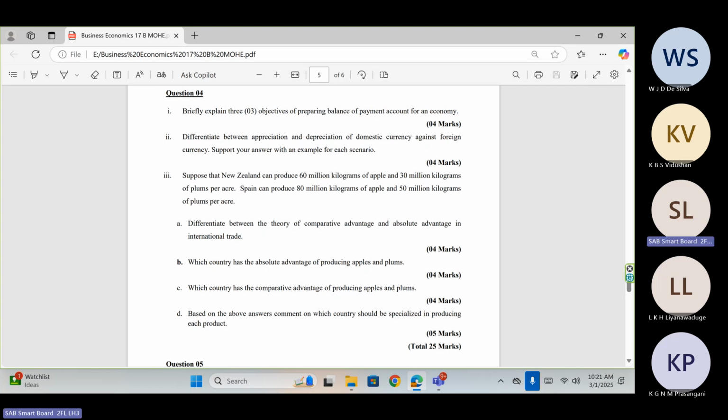Then you have passed. After that, secure the additional marks. That's my advice.